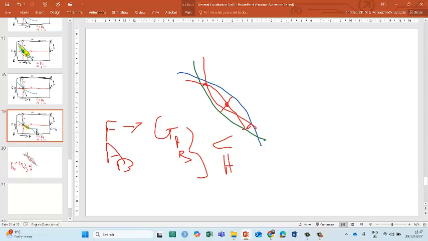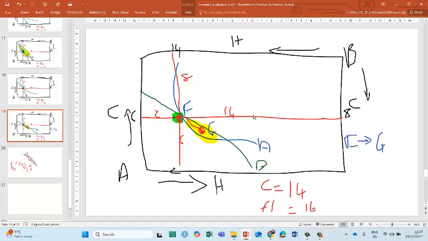The Edgeworth Box diagram, to a large degree, will guide you into this. It will tell you what's going on.